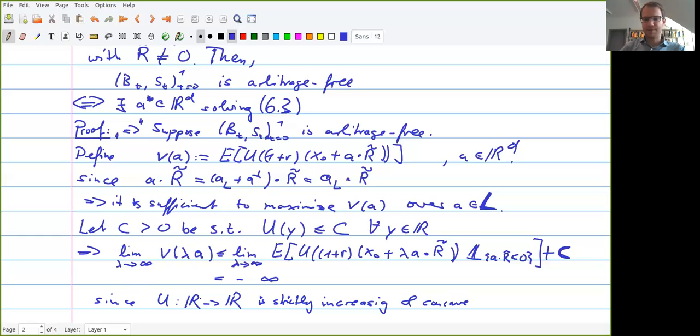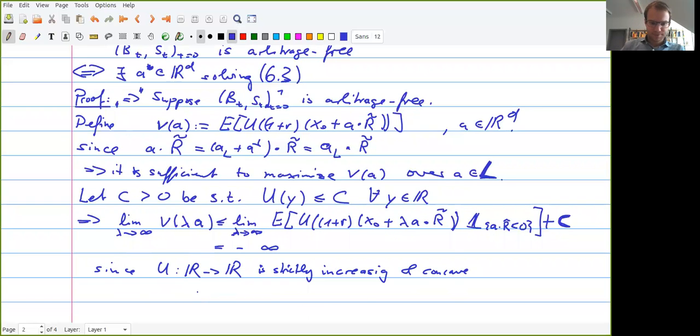And this implies that if I take the limit of y to minus infinity of u, then this is minus infinity.